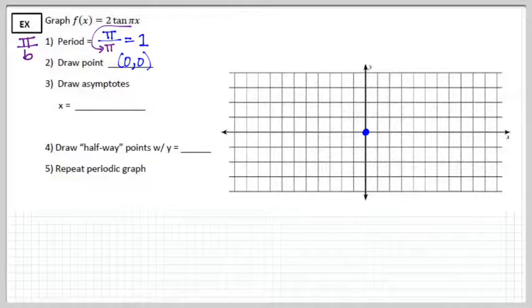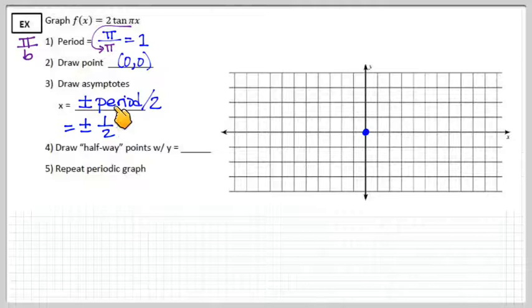So next step we're going to draw in the 0, 0 point, because tangent of 0 is 0. We'll draw in the asymptotes. The asymptotes are on either side of this point. Where exactly? It's going to be at plus and minus the period that we calculated divided by 2.